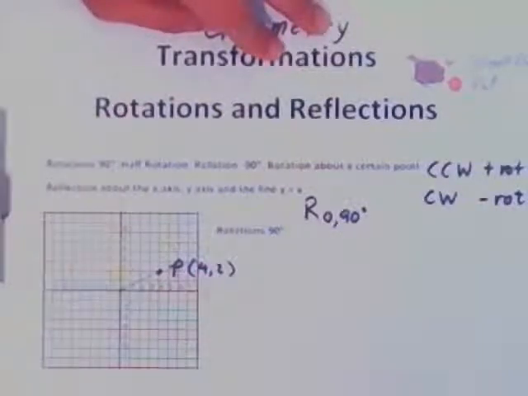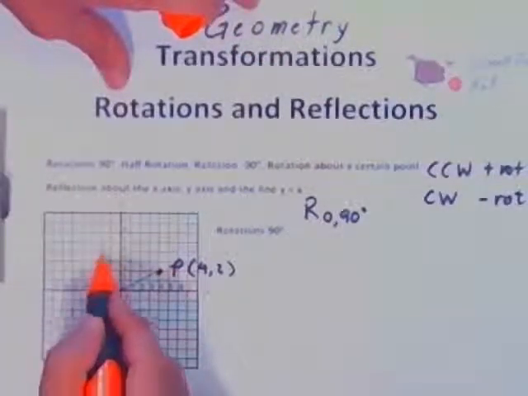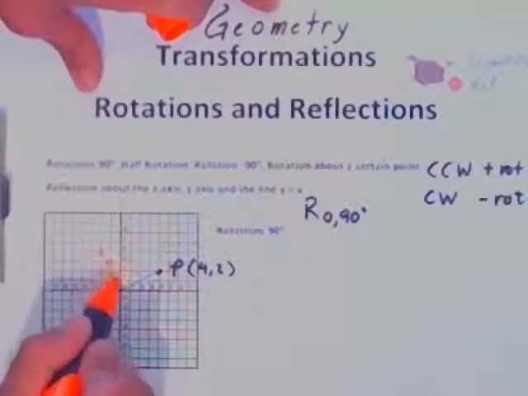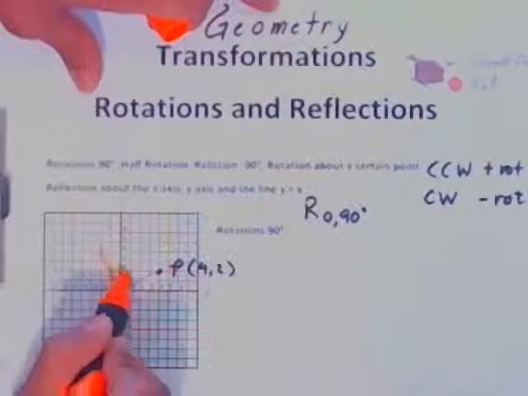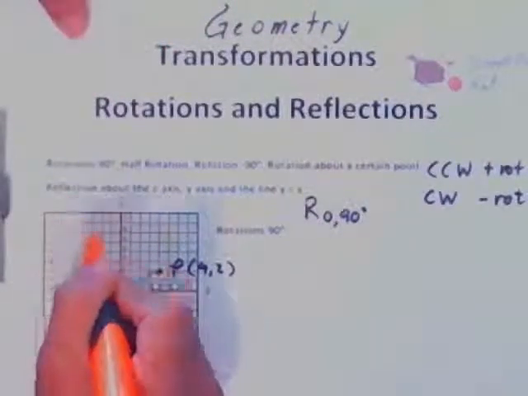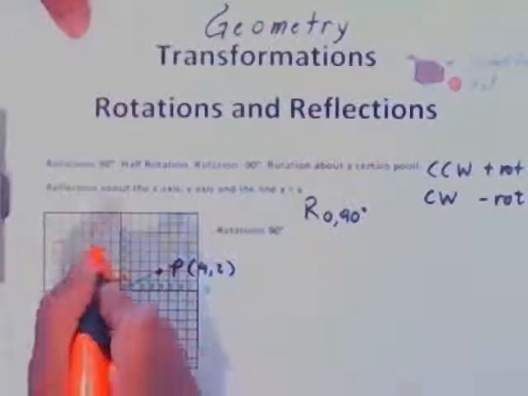I'm going to use orange for this. It's -2, up 4. 1, 2, 3, 4. Does that seem to be a 90-degree rotation? It seems to be a 90-degree rotation right here. So we're going to call this the image P prime. It's -2, up 4.